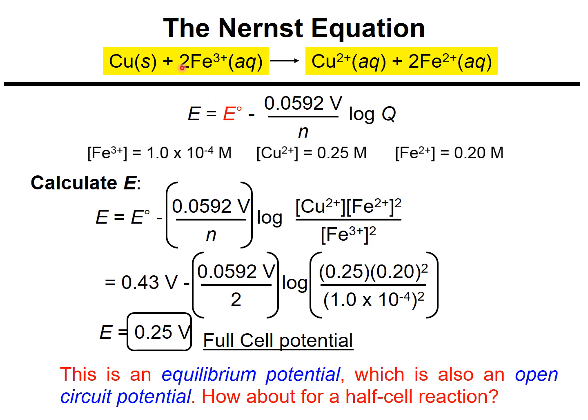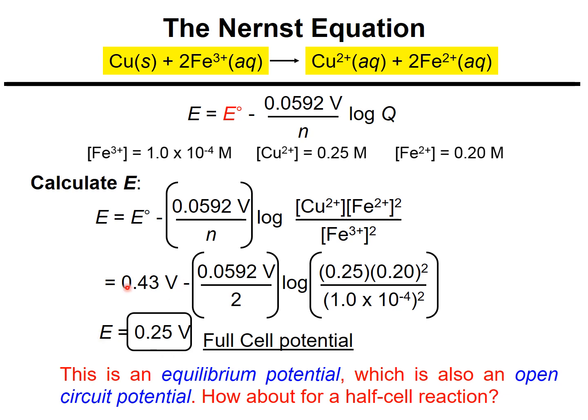Also, 2 ions of Fe3+ go to 2 ions of Fe2+, so 2 electrons are moved. Then n is equal to 2. And put the concentrations into each concentration term, and then finally we obtain the reduction potential.